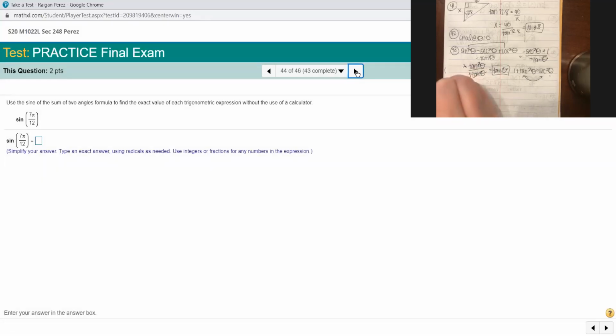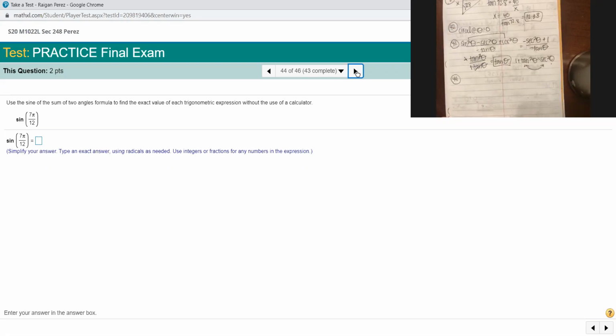Right, 44. Okay, use the sine of the sum of two angles formula to find the exact value. So it's asking us to do a sum, alpha plus beta. We just did this a minute ago. It was sine of alpha, cosine of beta, plus cosine of alpha, sine of beta.